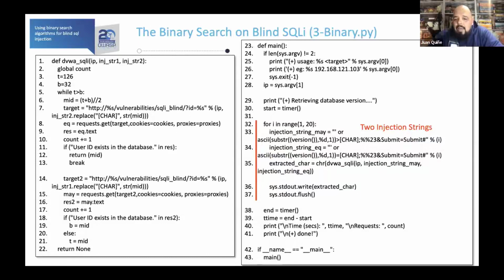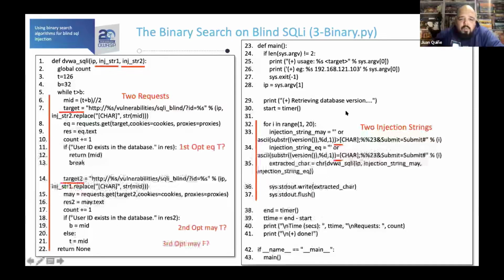So I create two injection strings, one for greater than and one for equal. The difference between these two injection strings is that I make the two queries at different moments.